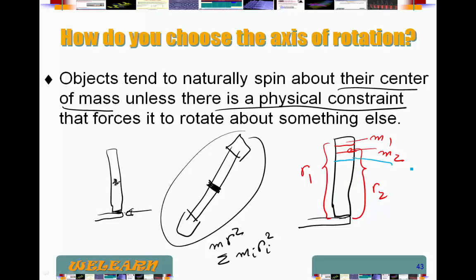Then we have m3, r3, and m4, r4, and so on. So the overall moment of inertia is going to be tricky because that stick can be considered as a multitude of small masses. Each one of them has a different radius relative to the axis of rotation. Okay, we'll see how we handle that usually in a little bit.